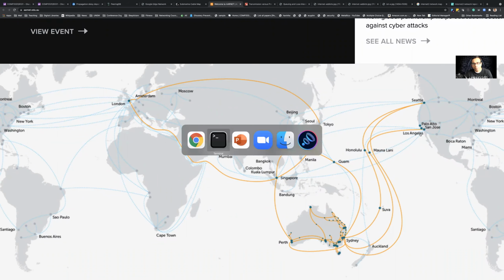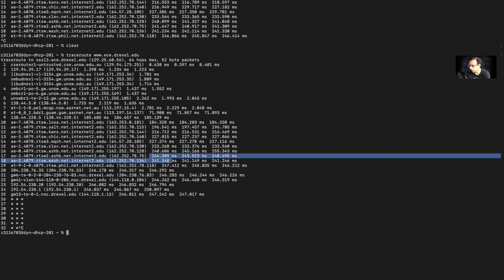If you look at that first measurement, for hop 17, the measurement is saying 264 milliseconds. For hop 18, it's saying 241. How could that be? Shouldn't the delays keep increasing as we move further away? Can someone explain why that might be happening? Or has traceroute gone completely mad?